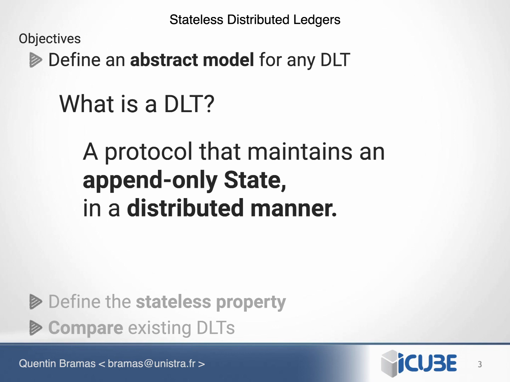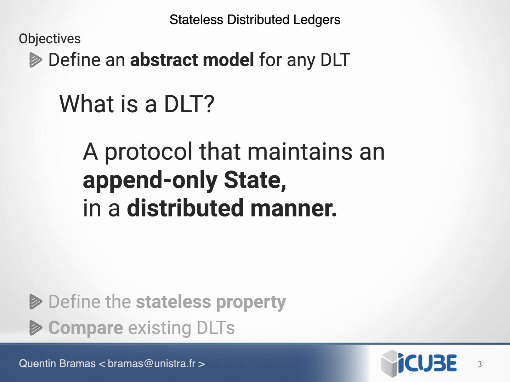And so basically, the nodes in the network receive events, such as transactions, or it can be anything, and append data to the state, for instance with an append function. And for simplicity, we can first consider that the system is asynchronous.